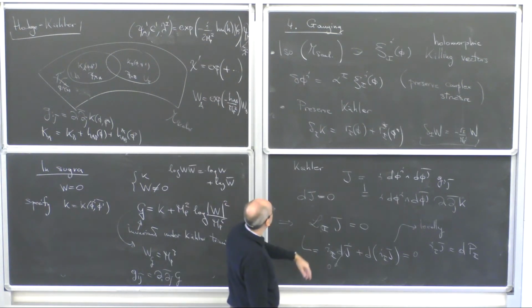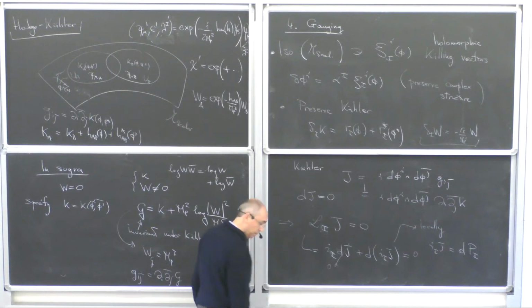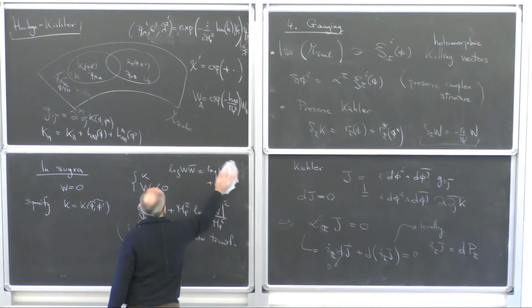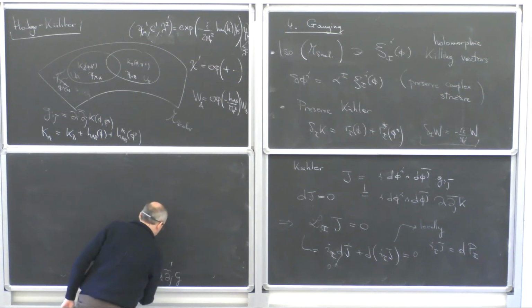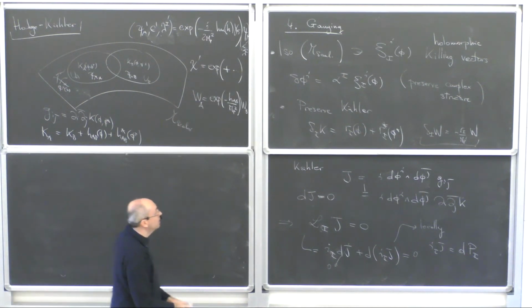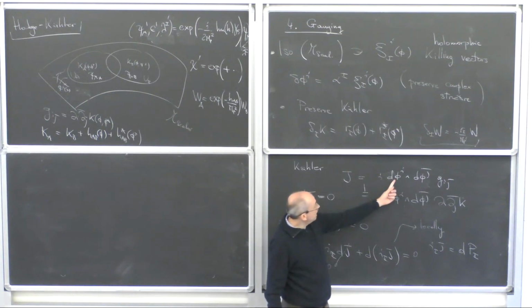Now, what is this expression here? Okay, let me write it here. Now you see the inner product simply means that you replace the leg here with a Killing vector.